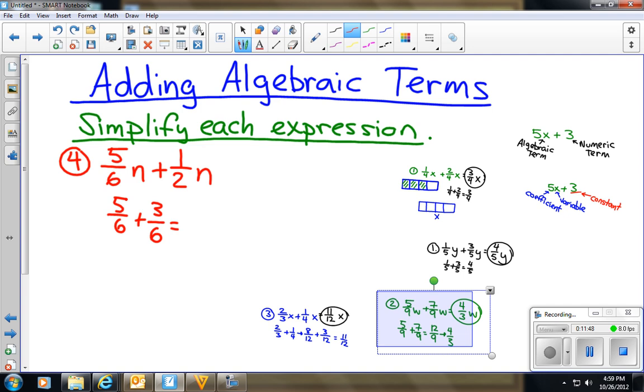I add them together, I get 8/6. I need to go ahead and simplify this so I can divide them both by 2. And I'm going to get 4/3. So this will equal 4/3 n. Hopefully that made some sense for you.